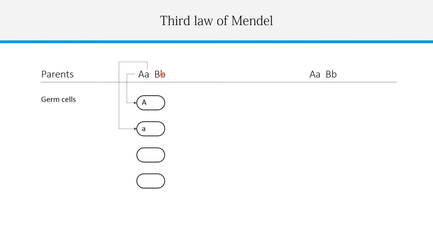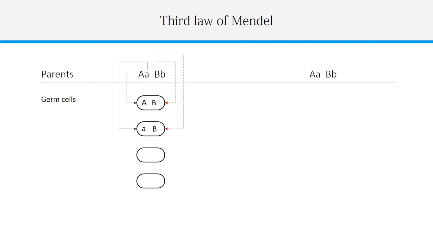Transfer of dominant gene B occurs independently from the transfer of dominant gene A. That is why dominant gene B may be transferred into the same germ cell as dominant gene A, but dominant gene B also can be transferred into another germ cell which already has recessive gene a.